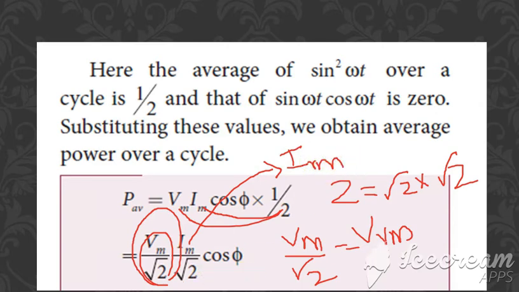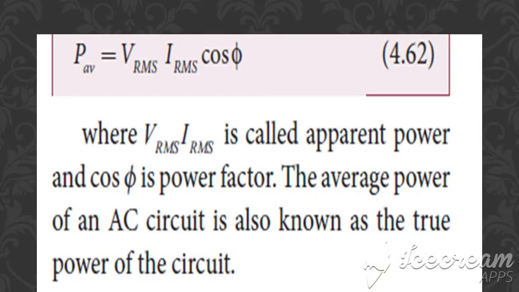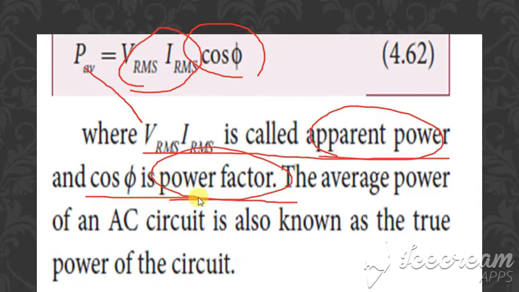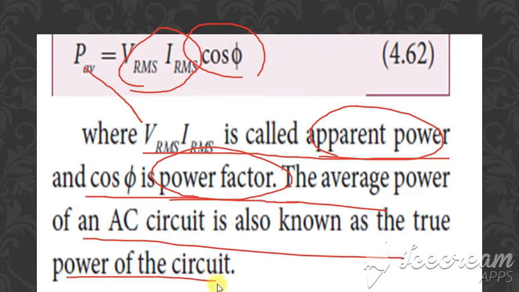That gives the value of power. So power is given by Vrms Irms cos phi. Vrms into Irms is called the apparent power, and cos phi is called the power factor. So average power is the product of apparent power and power factor. The average power is also known as the true power of the circuit.